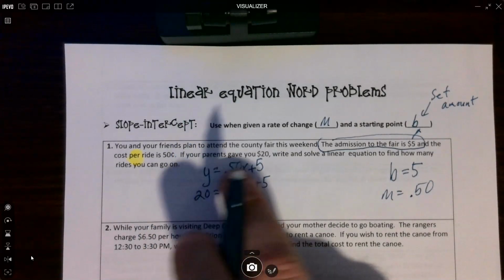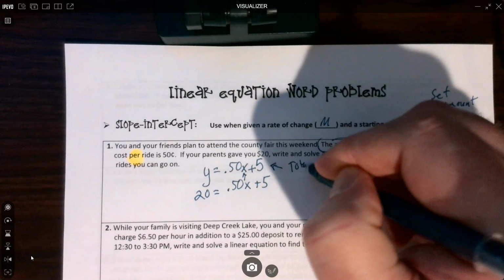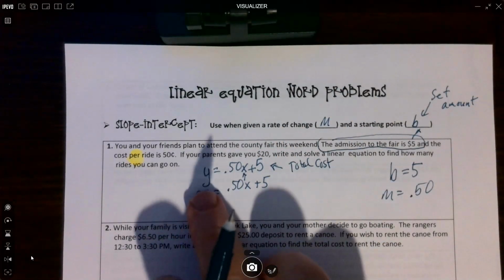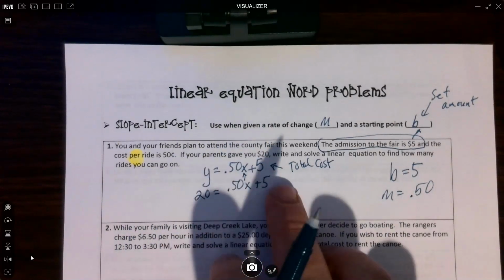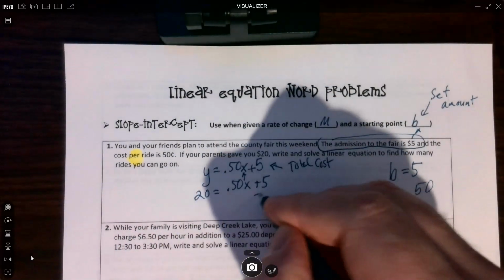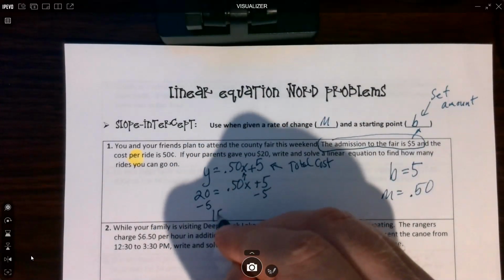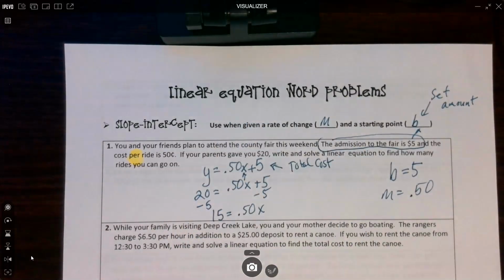Remember, this whole formula is for cost. This is the total cost of you going to this fair and going on rides. So that's it right here, and they gave you $20. So how many rides can you go on? Well, remember, you have to take away the 5, which makes sense because you automatically have to pay $5 to walk in, right?